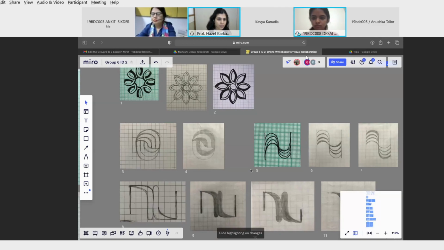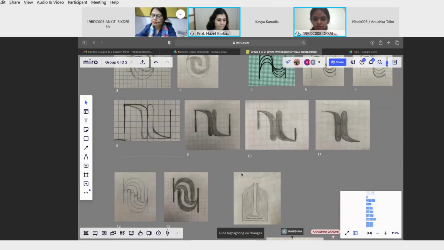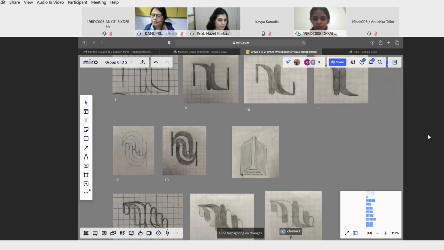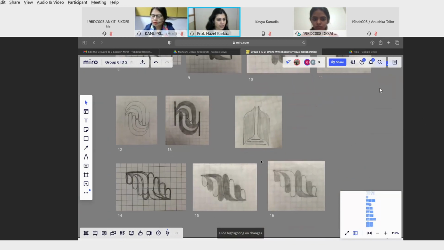Even can you go down? Even 13, I feel like there's something interesting happening there. I feel like this kind of lines which can be parts, it's a little bit musical. I think that has some interesting possibilities. So I have to explore more still.